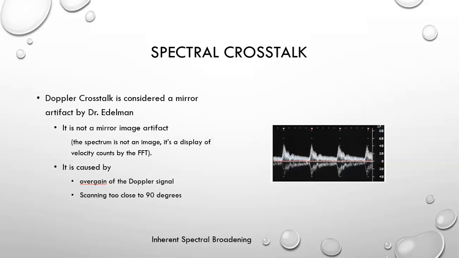And I'm going to just kind of draw it up here in the corner. If you have a transducer, okay, and we know that this transducer is going to send out along an insonation line our spectral Doppler signal, right? So there we go. And we have some blood flow coming to it.